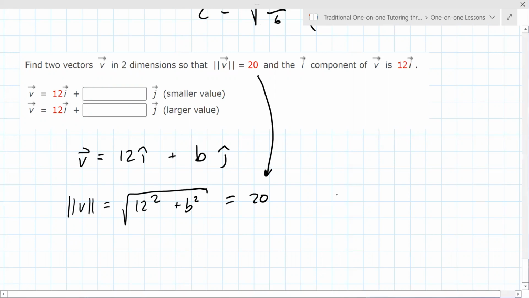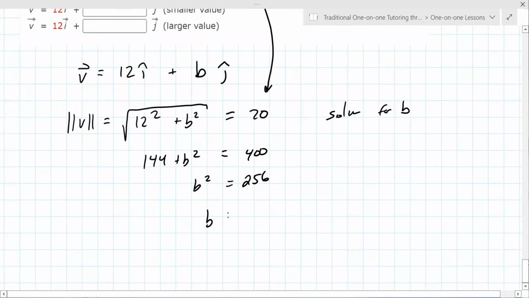So we're going to solve for b now. So we square both sides. 144 plus b squared equals 400. Subtract 144. And then b is two values. It's either plus or minus 16. So that's why it says smaller value, larger value.